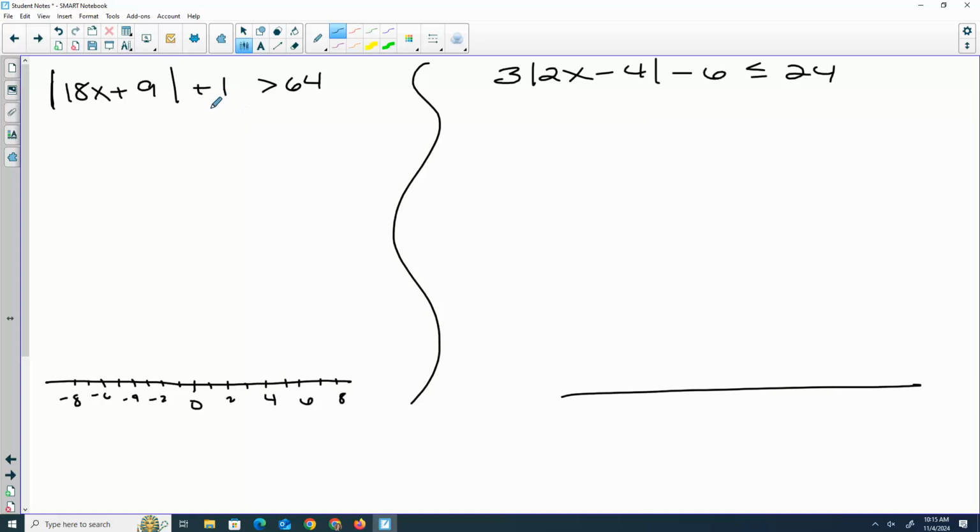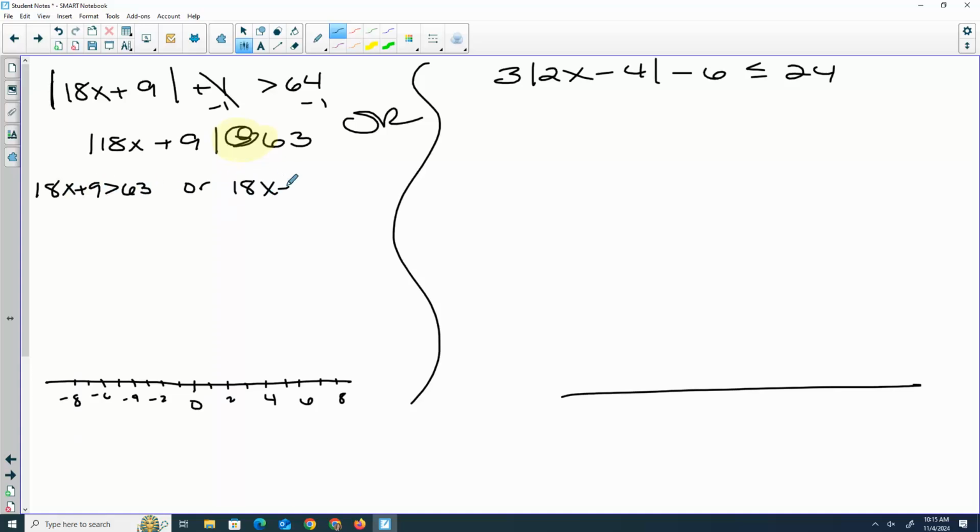First one, subtract the 1 to begin. So then we have the absolute value of 18x plus 9 greater than 63. If it's a greater, it says and or. Or. So 2 pieces. 18x plus 9 greater than 63, or 18x plus 9 is less than negative 63.